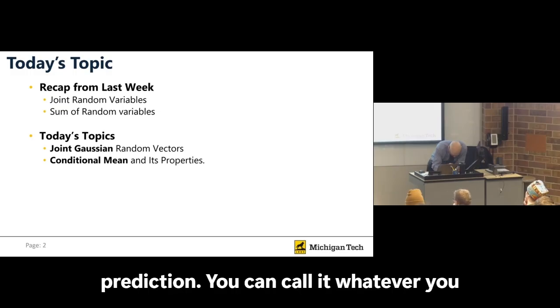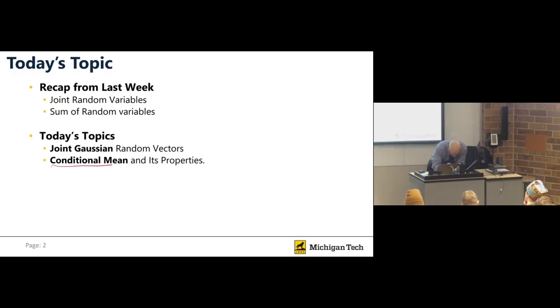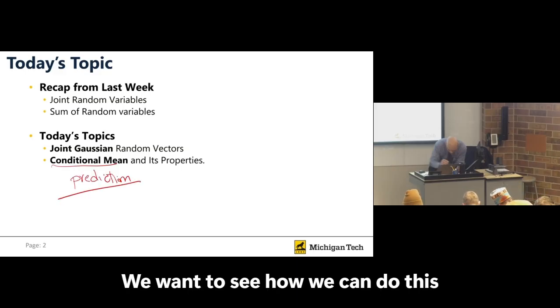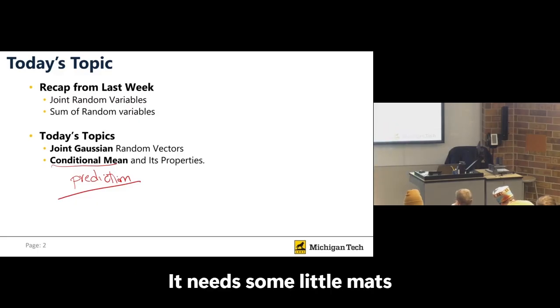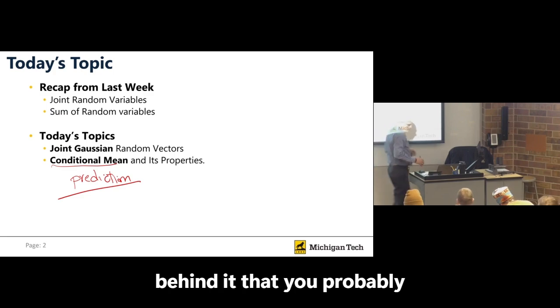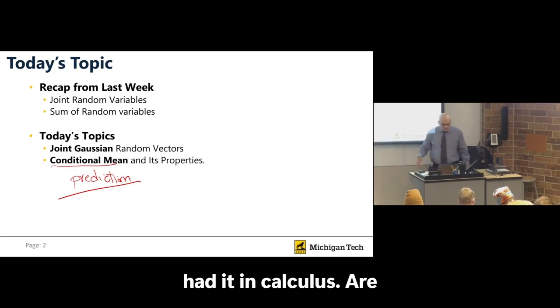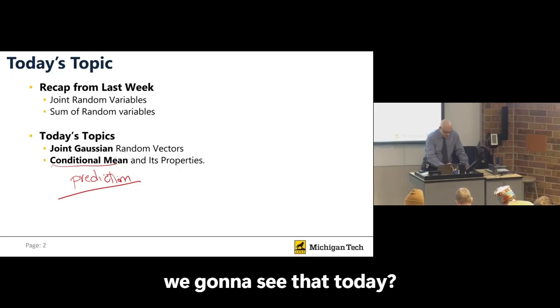You can call it whatever you want. We want to see how we can do this prediction. It needs some little math behind it that you probably had in calculus. We're going to see that today.